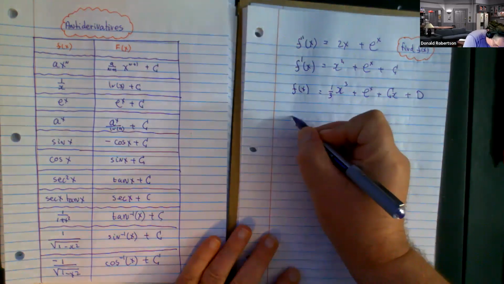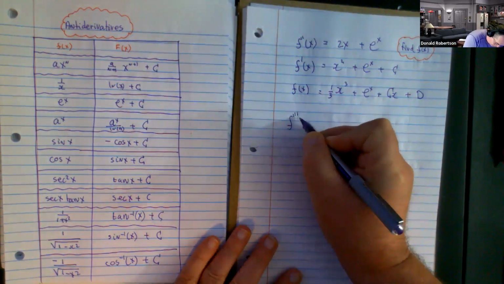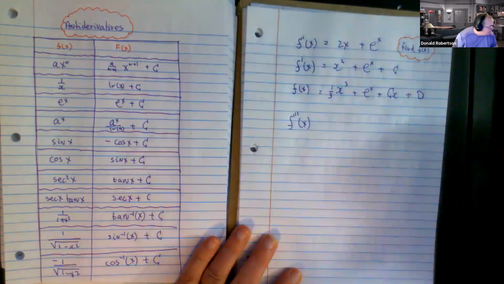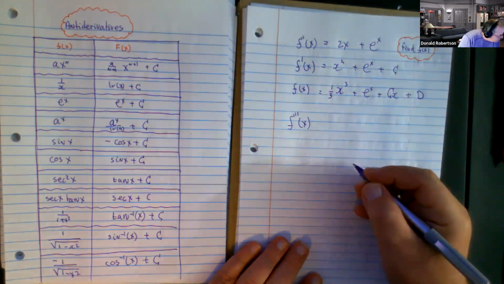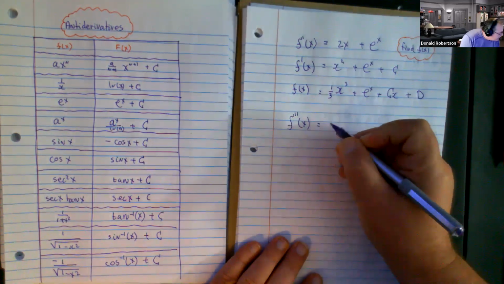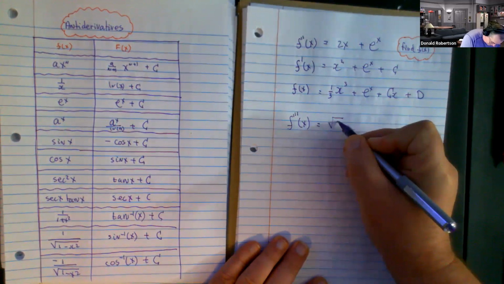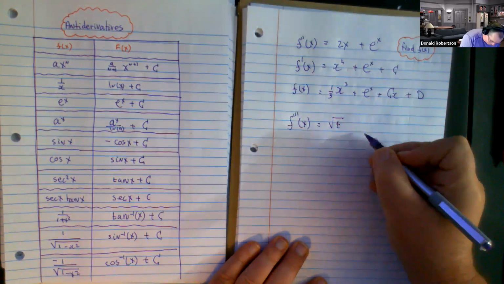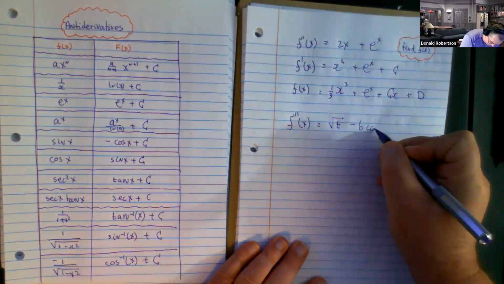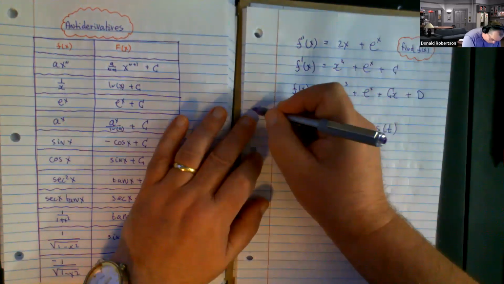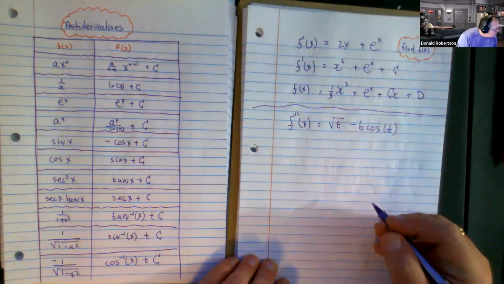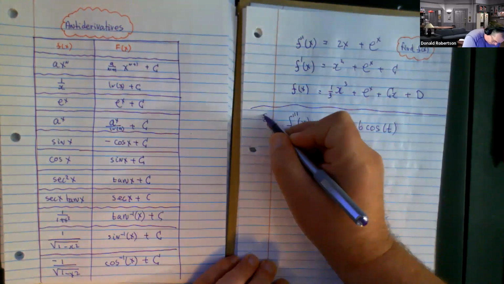Now, suppose we do, let's go crazy, a third derivative. And we're going to make it the square root of t, take away 6 cosines of t. By the way, this is question 20.